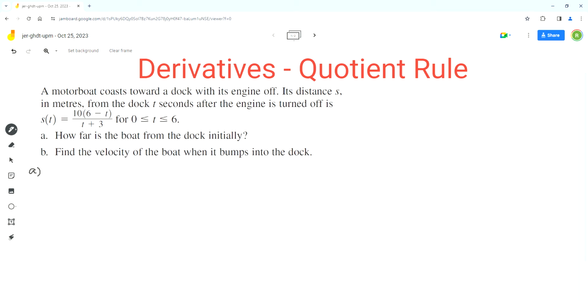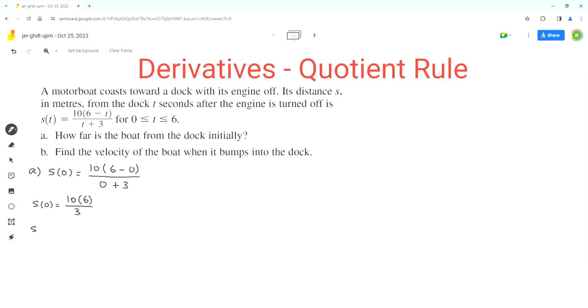So we should sub in t as 0 in the given distance function. So s(0) is equal to 10(6 - 0)/(0 + 3). Now we can simplify this expression. So we get s(0) equals 10 times 6 over 3.